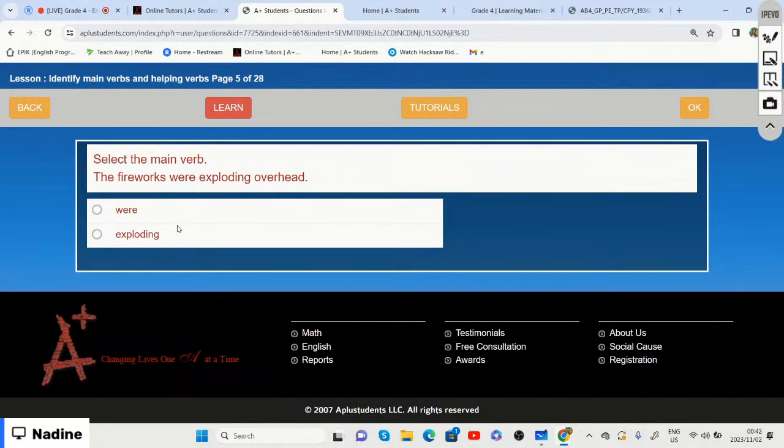All right, so if we select the main verb within the sentence, then we will select exploding.